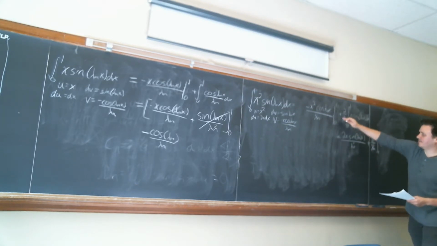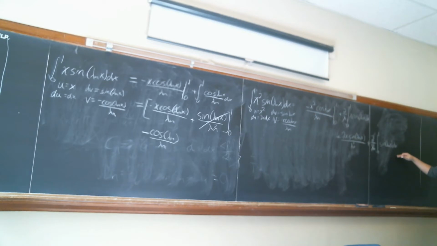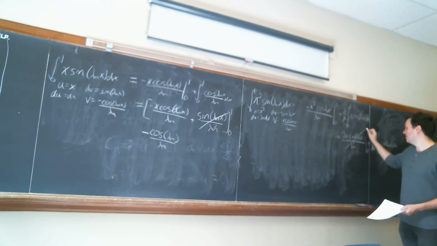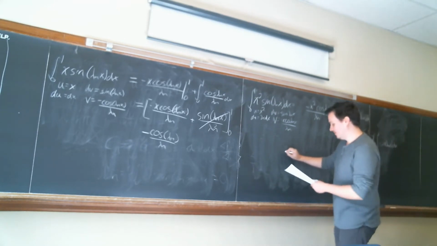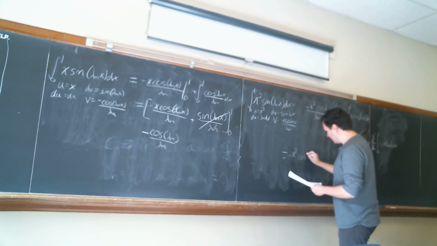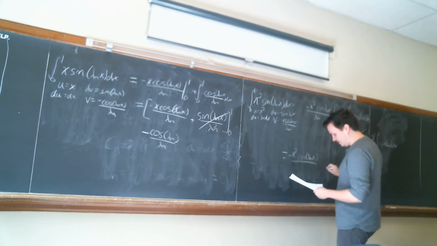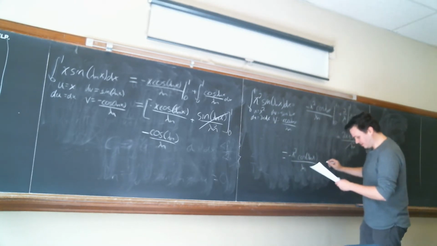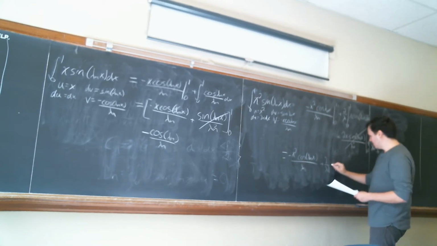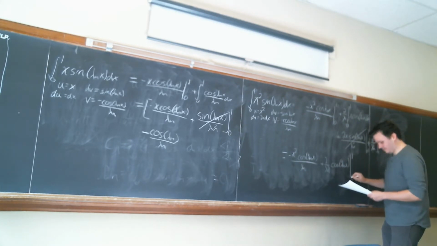So you get, I guess everyone follows that form of how I flowed right through. I didn't want to rewrite that first term. This is at 1 and 0, so once again this term goes away because of our boundary conditions set originally. And we get left with something that looks like minus x squared cosine lambda n x over lambda n plus 2 over lambda n cubed cosine lambda n x, at 1 and 0.